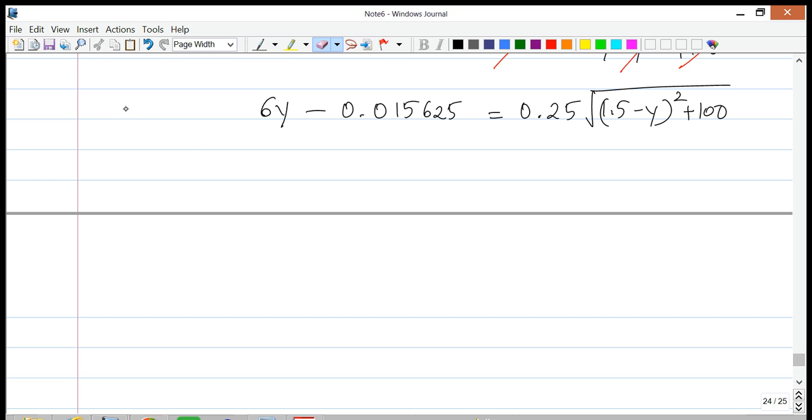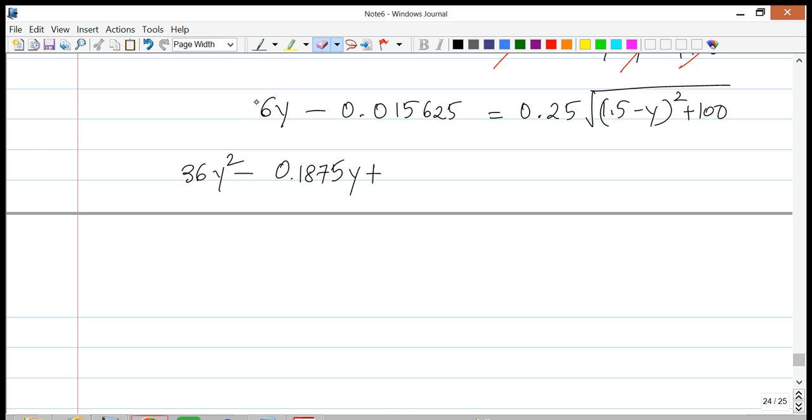is the square of the left hand side becomes 36y squared minus 2 times 6, which is 12, times 0.015625, which happens to be 0.1875. So this is y squared, 0.1875y, plus the square of this, which we can basically ignore.